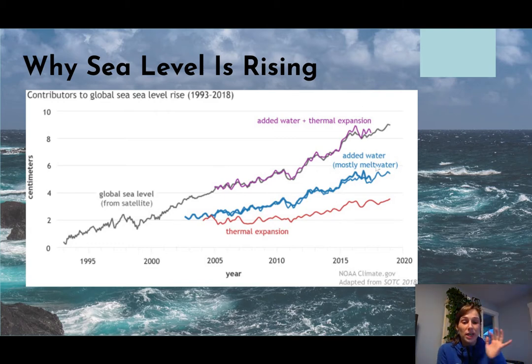Blue would just be the added water on its own from melting ice. Red would be the thermal expansion. So when you put those together, red plus blue gives you purple. When these both come together, this is what is causing our global sea level rise.